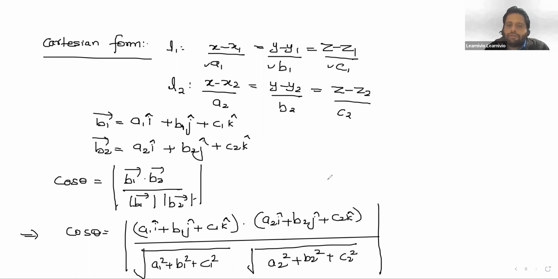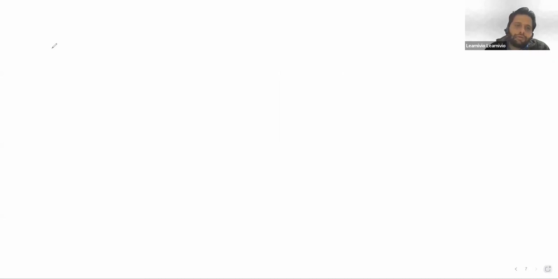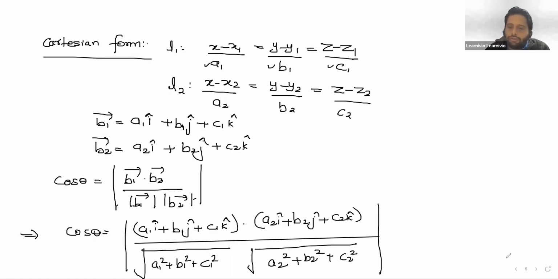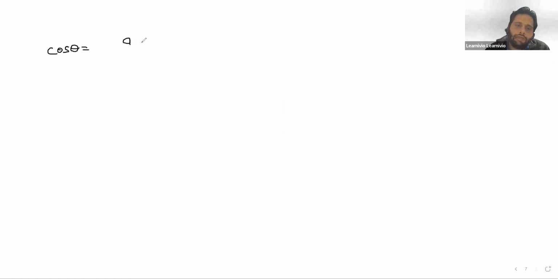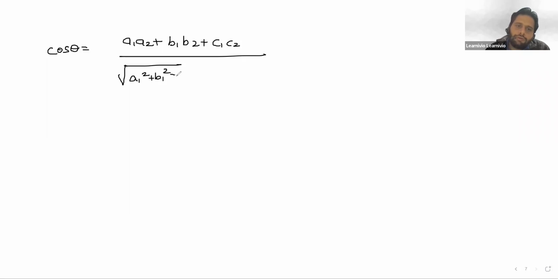Okay, so you get this cos theta. Now just find the dot product. So I will write on the next page. Cos theta is equal to what you will get here: A1 A2, B1 B2, C1 C2 by under root of A1 square, B1 square, C1 square, under root A2 square, B2 square, C2 square.